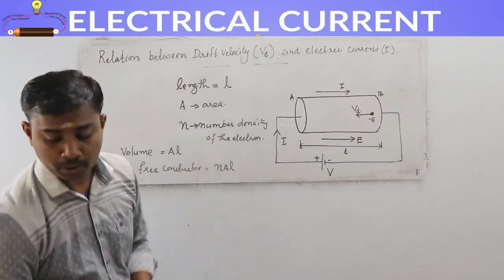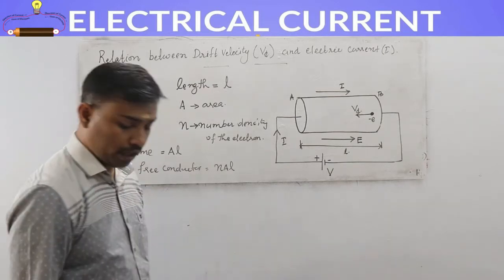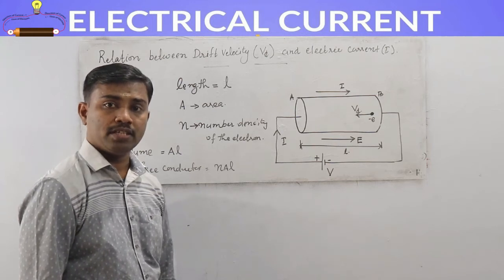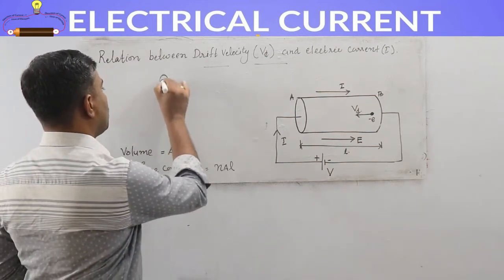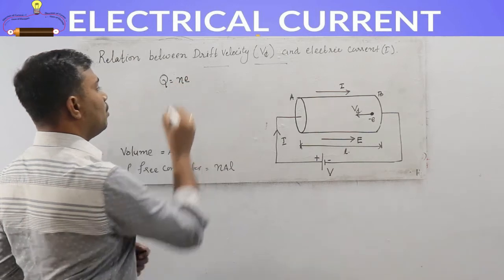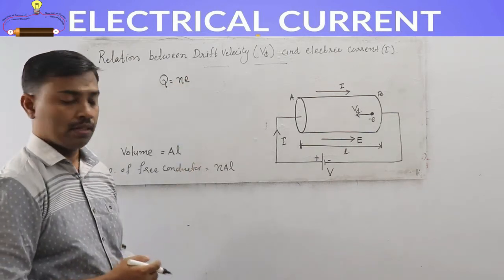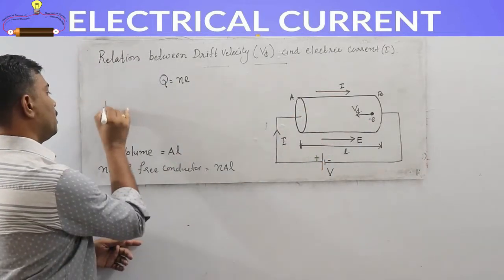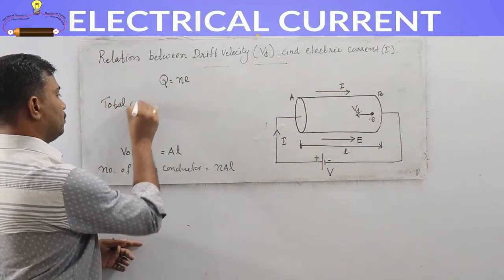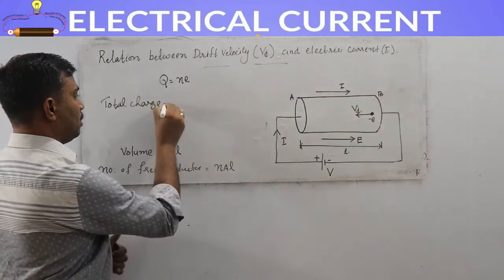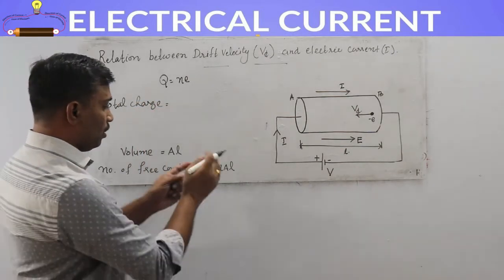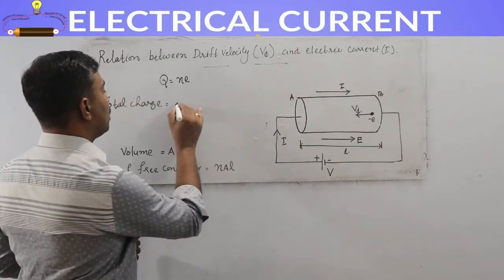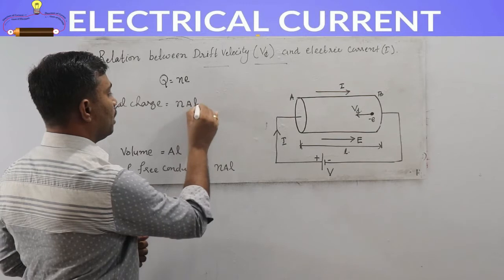So what will be the total charge of the conductor? We know the quantization principle, that total charge is equal to n into the basic unit of charge. So the total charge of this conductor is nAL, the total number of free electrons, into e.